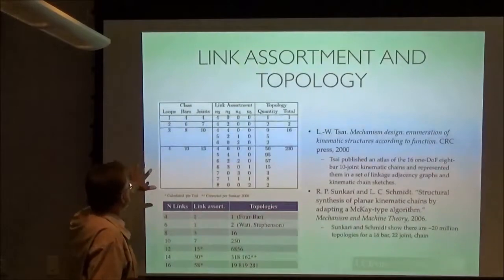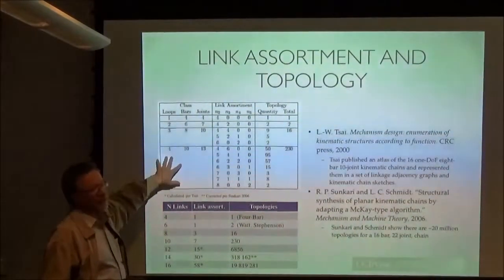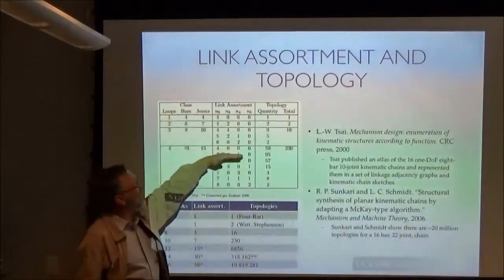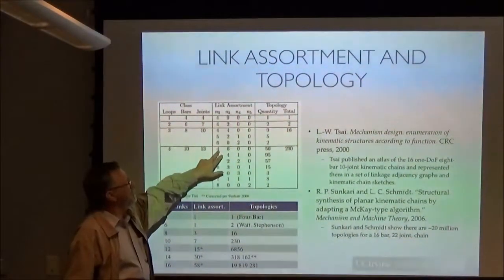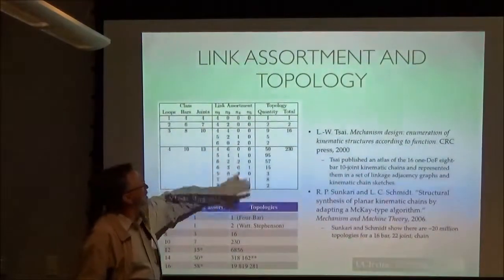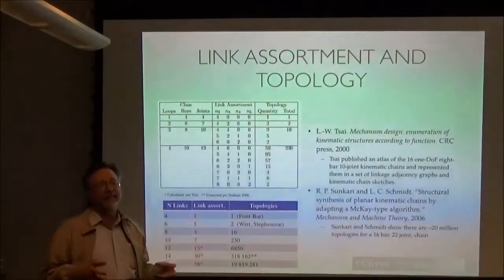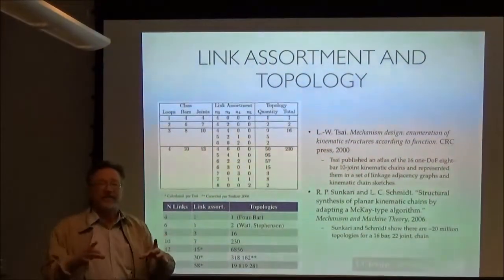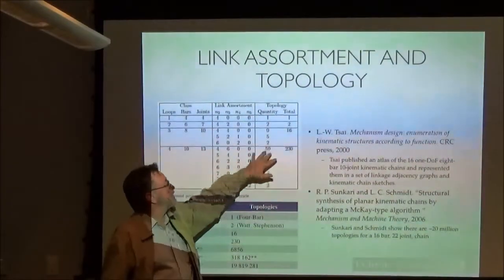Anyway, here we're at 8-bar linkage, 10-bar linkage. Every time we add 2 bars, we get another loop. We get more and more complicated ways that links can be assembled. We'll have 4 dyads, 6 triads, but you can also get all the way up to quadriads in these 10 bars. These are links that have lots of joints connected to them. You've got 230. Of course, this is an old result.